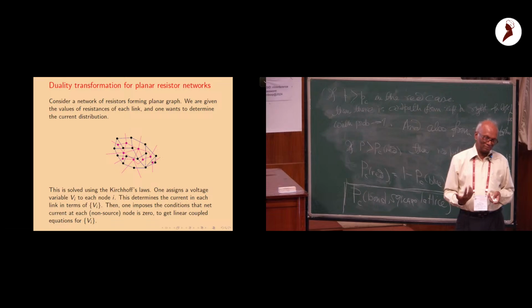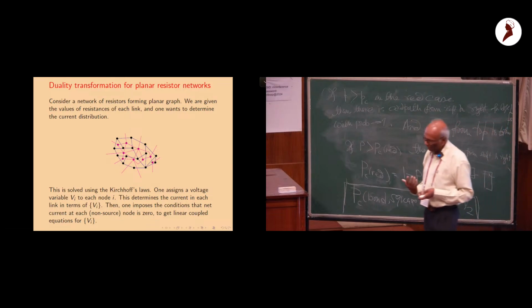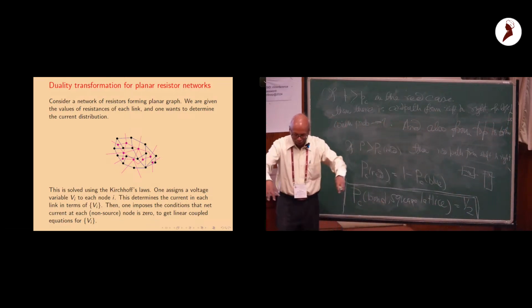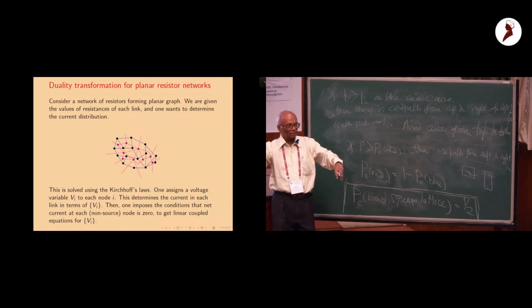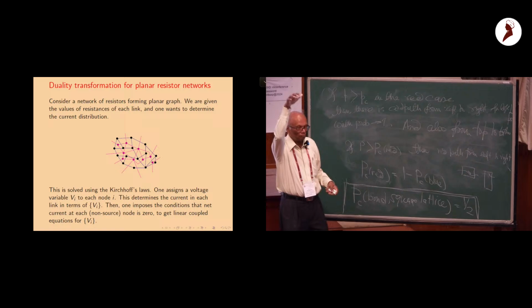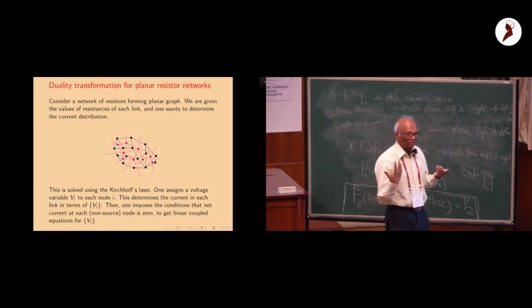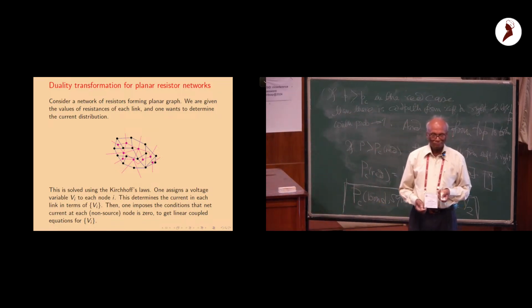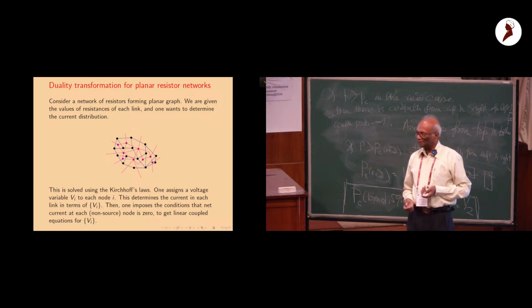Then what happens? At low P, you will have just isolated plaquettes, and then they will form clusters. And sometimes the clusters will become bigger and bigger, and there might be a cluster which goes from top to bottom, infinite clusters. Okay, very good.